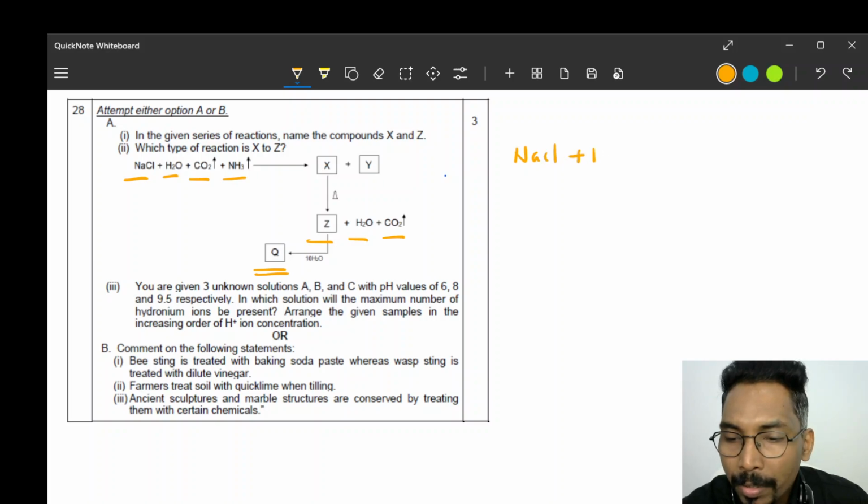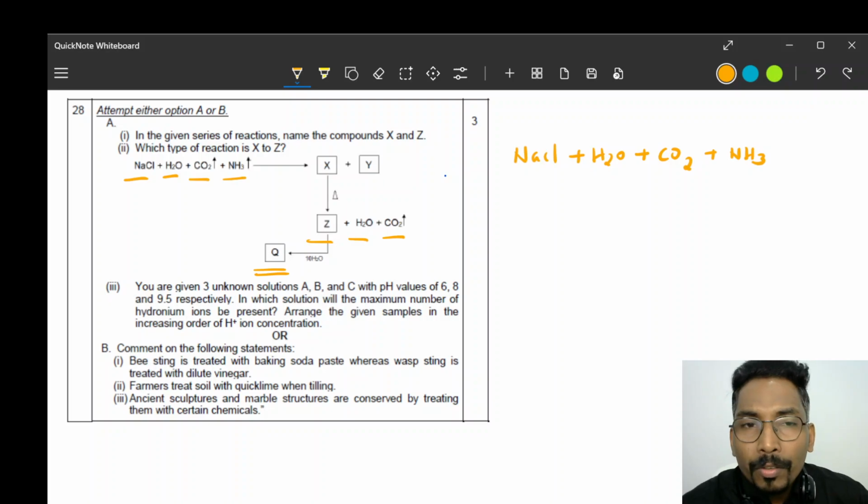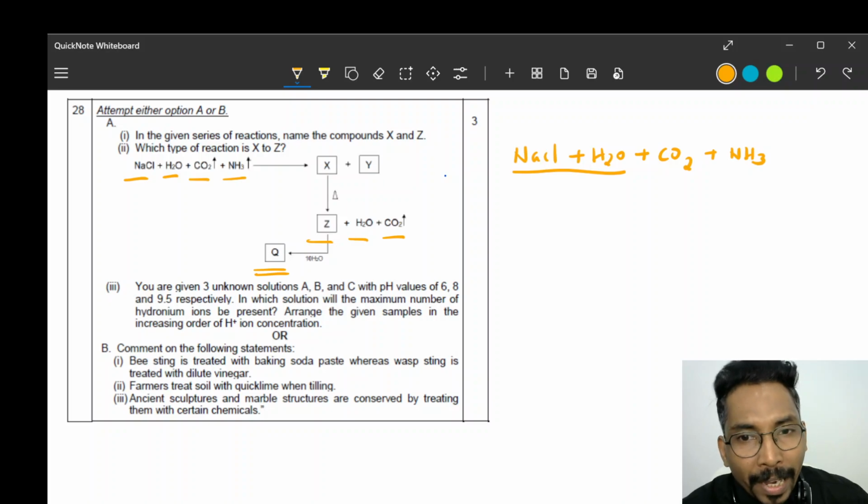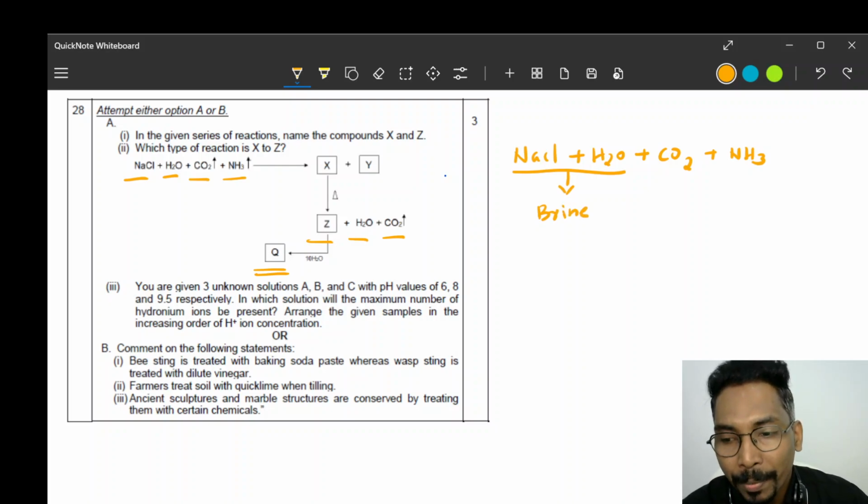NaCl plus H2O plus CO2 plus NH3. What is this called exactly? NaCl plus H2O is actually brine solution, brine.